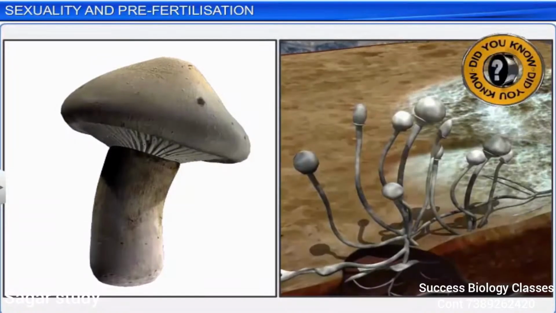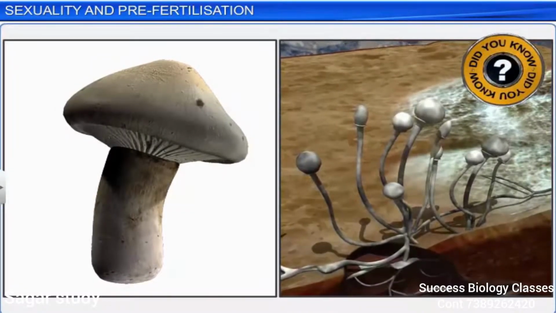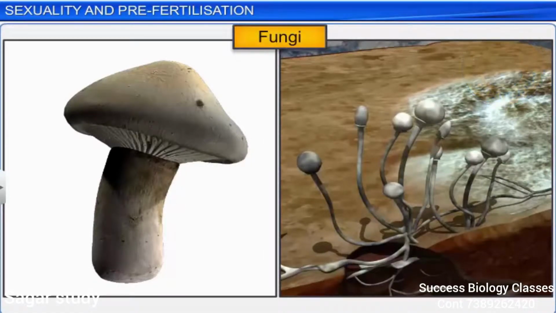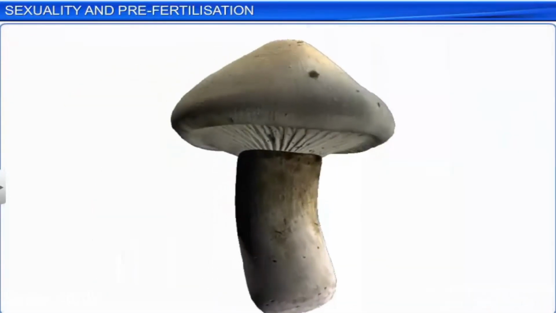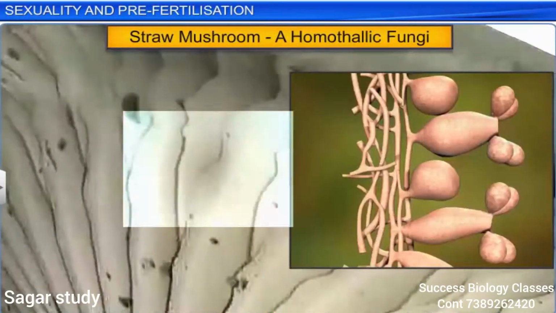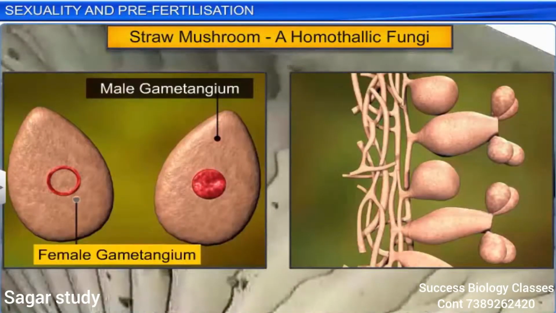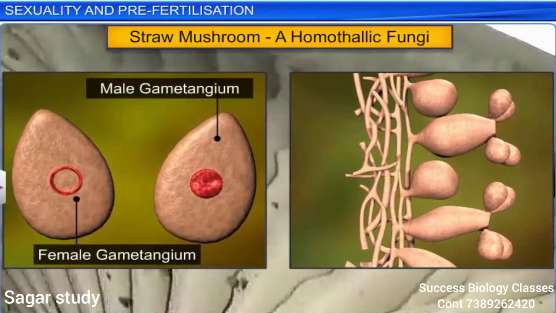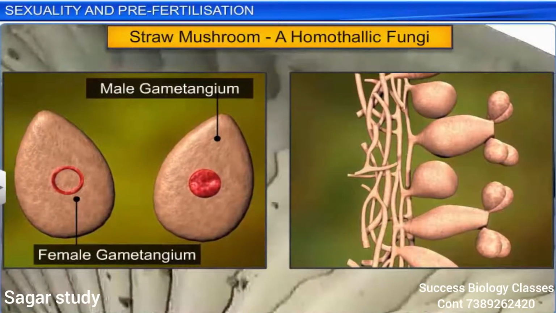Did you know that we come across bisexual and unisexual organisms even in fungi? Bisexual fungi, such as the straw mushroom, bear the male and female gametangium, the plus and the minus mating type, on the same thallus.